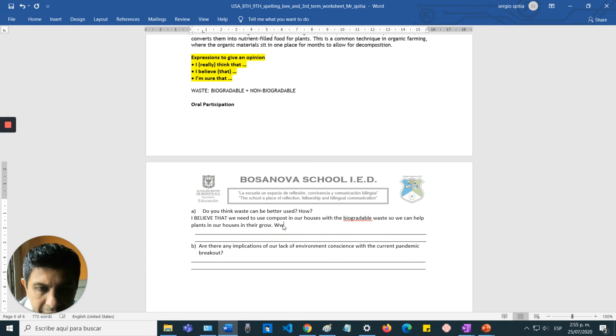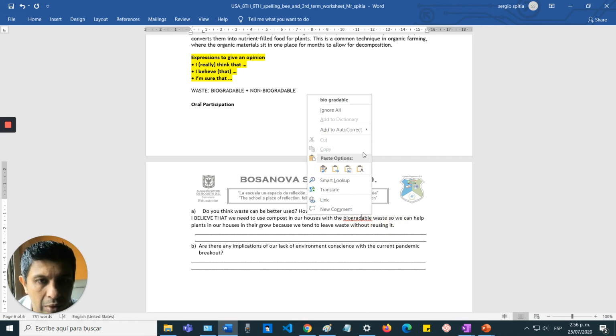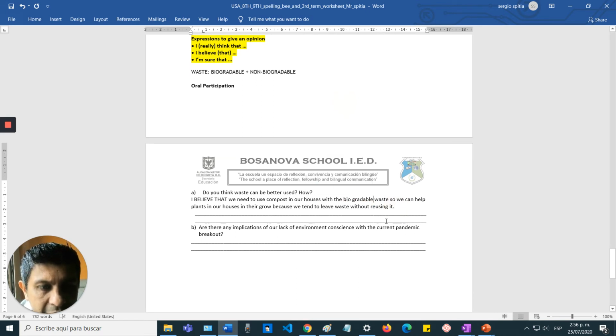We tend to leave waste without reusing it. Here biodegradable is a non-hyphenated word.